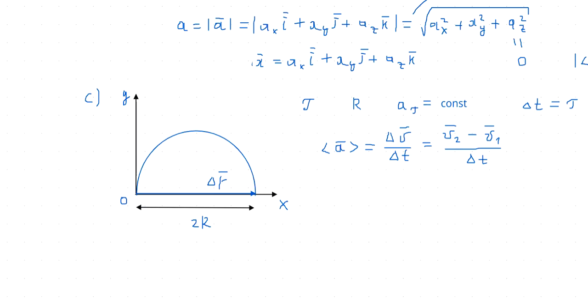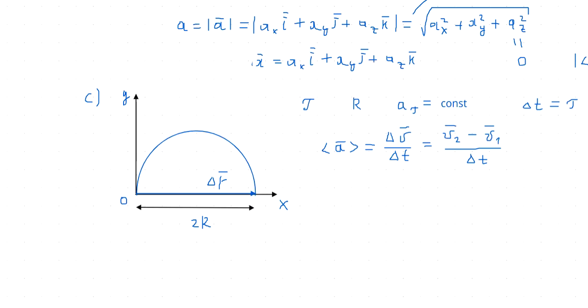Okay, velocity is always tangential to the trajectory. The trajectory is the half of a circle, so velocity must be tangential to this half of a circle.